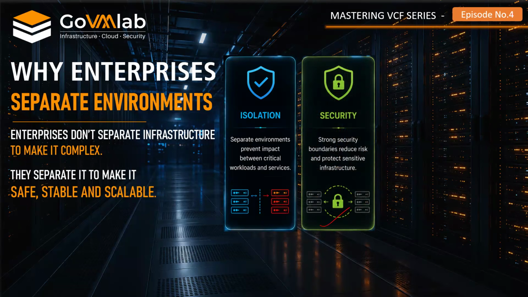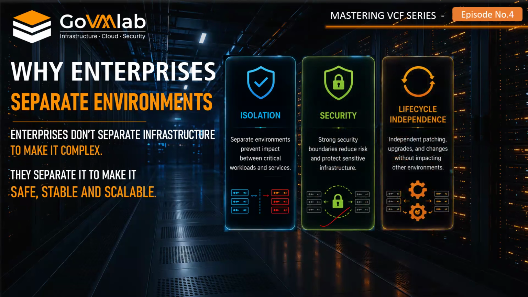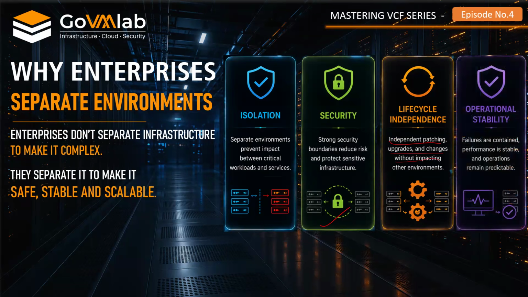The next is life cycle independence, which means one environment can be upgraded or patched without affecting your business-critical workloads. That is independent patching, upgrades, and changes without impacting your other environments. That is where separation becomes very important. And the next is operational stability, which means failures are contained.